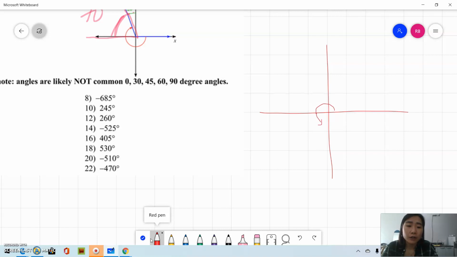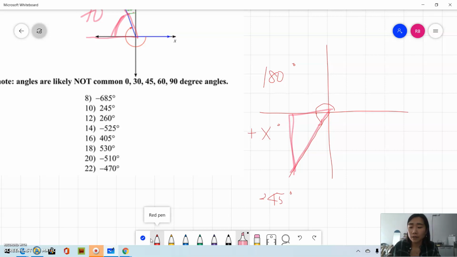So it's somewhere here. So 180 plus some angle will give me 245. So then the reference angle will be whatever I'm adding to 180 degrees to make 245 degrees. So it's 245 minus 180, which is 65 degrees.